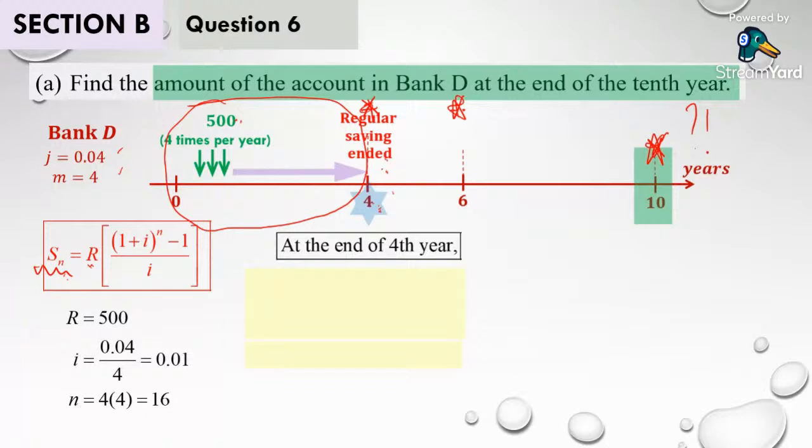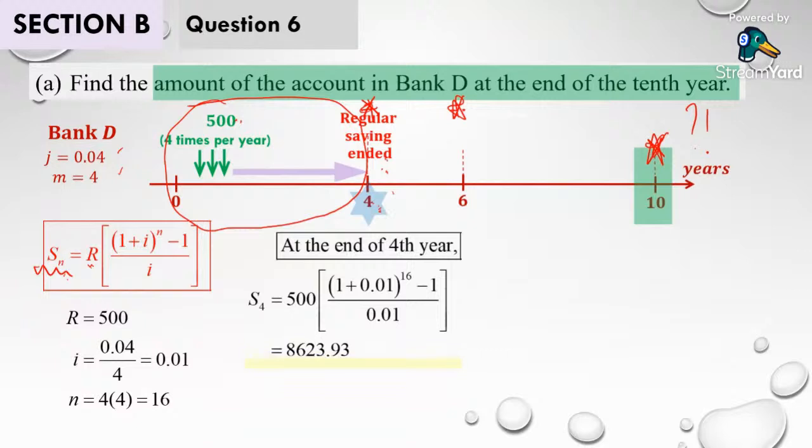Therefore, substitute accordingly into the SN formula. This is the initial value that I have in substitutions. On the calculator, I have 8623.93. So this is the answer that we have, the amount that accumulated at the end of the 4 years.